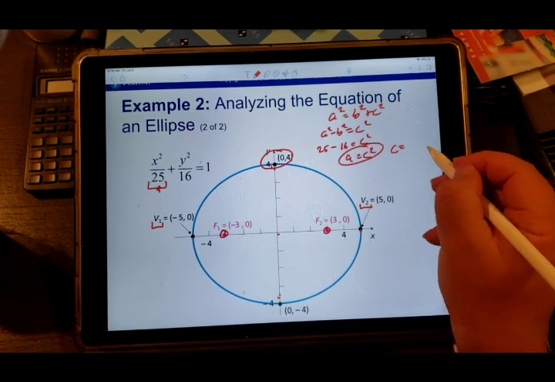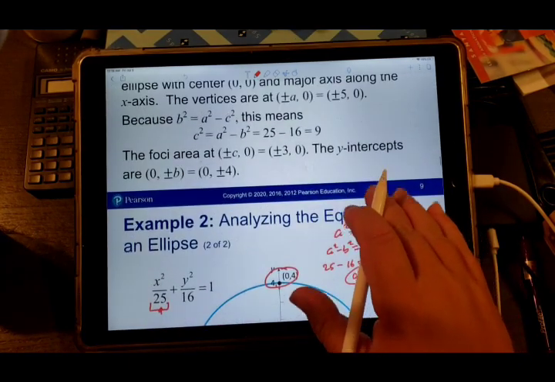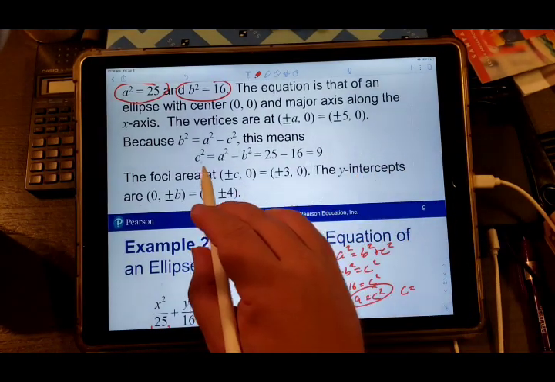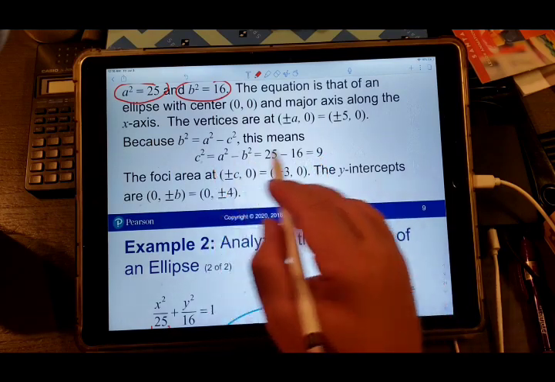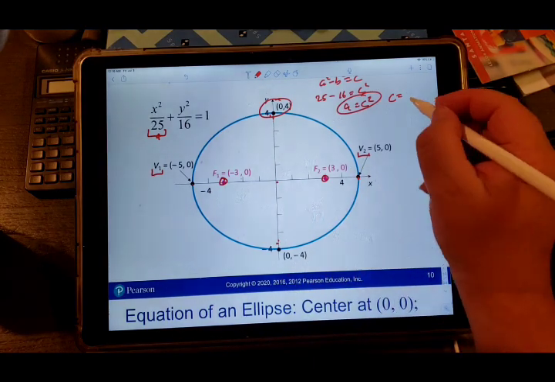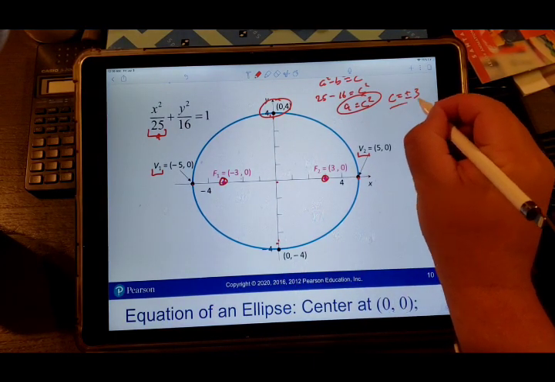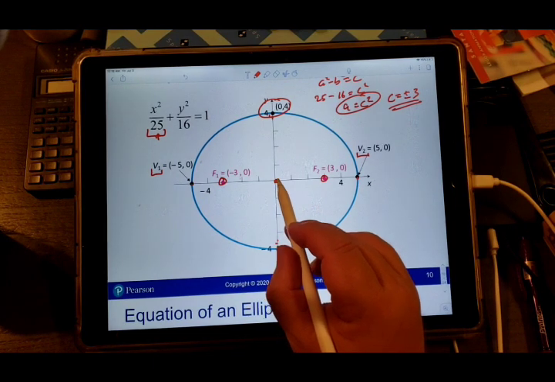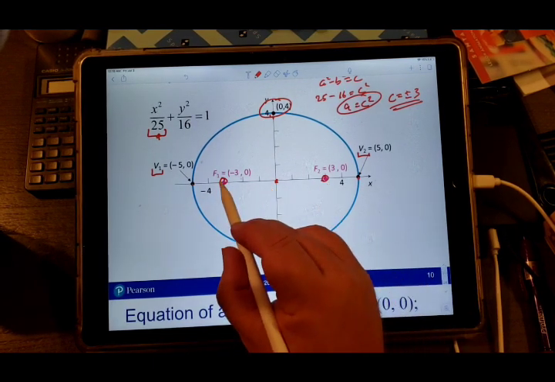So what's C? Well, it's okay to say C squared is 9. It's okay to say C is 3 because you can think of it as a measurement. But I'm going to write it as plus or minus 3. Just so you can understand that if I take this, I'm going to go 3 in each direction.